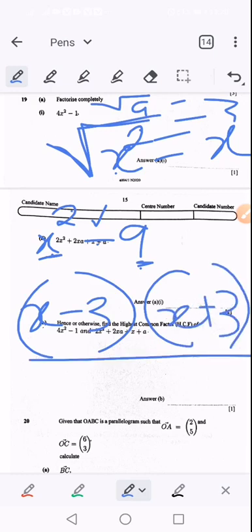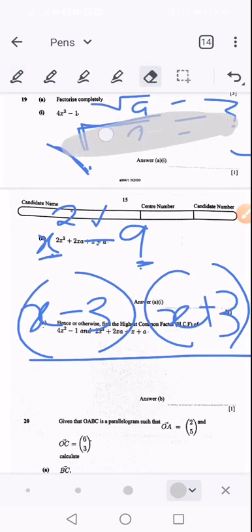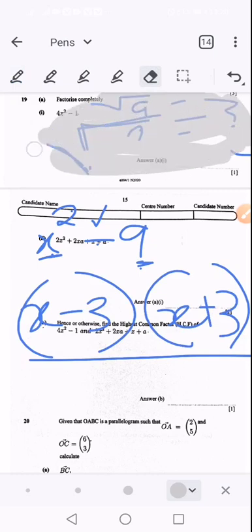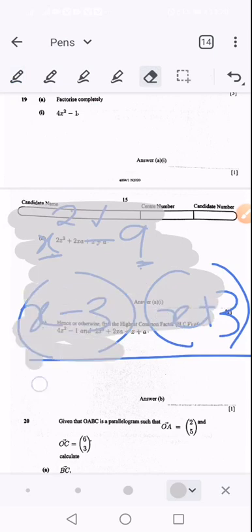This is the answer for the difference of two squares. As you can see, the question we are given here has all the characteristics of a difference of two squares.